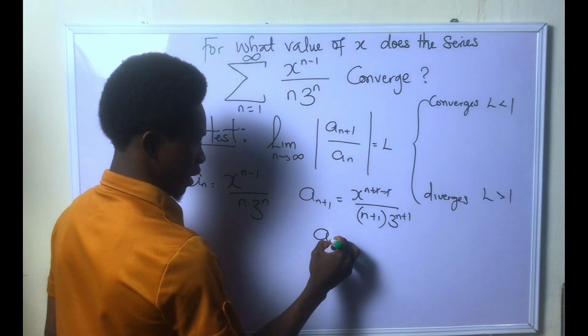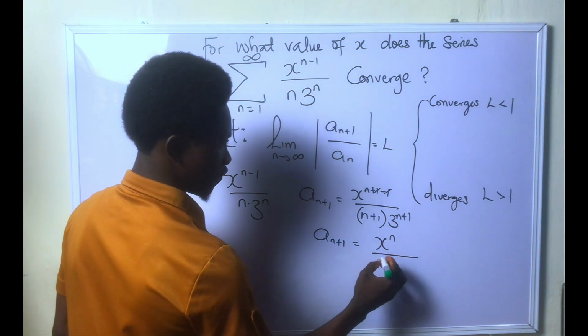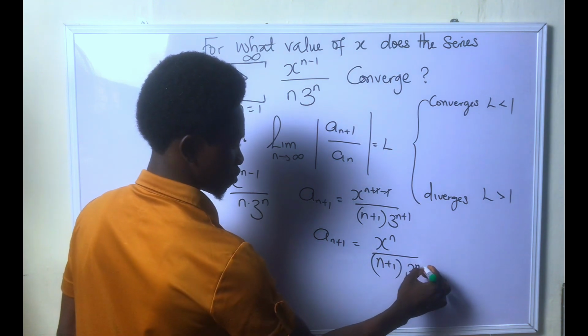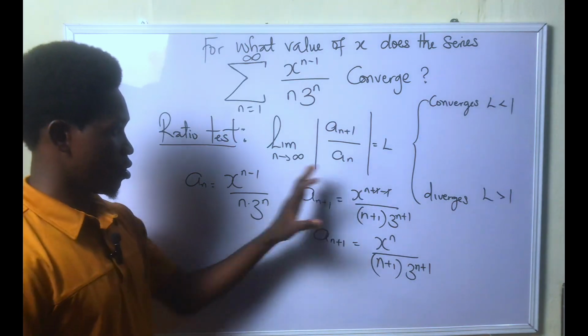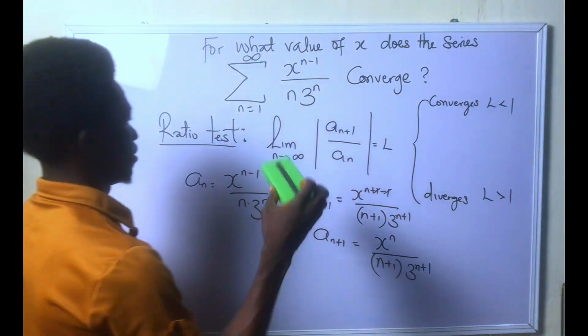So my a_(n+1) is equal to x^n over (n+1) times 3^(n+1). Now that we have our values all together, I can put all of this into this formula. So let me quickly do that.